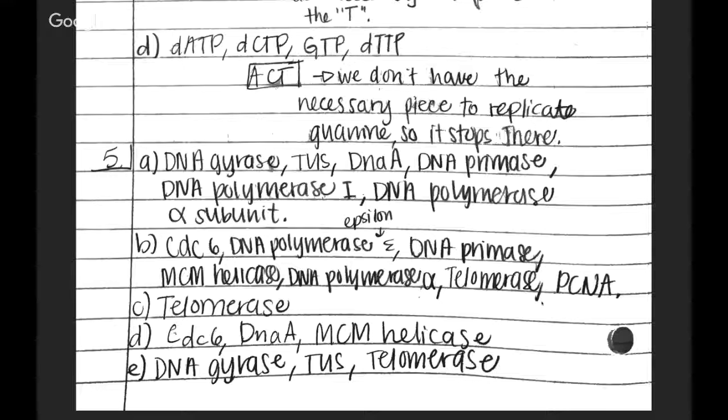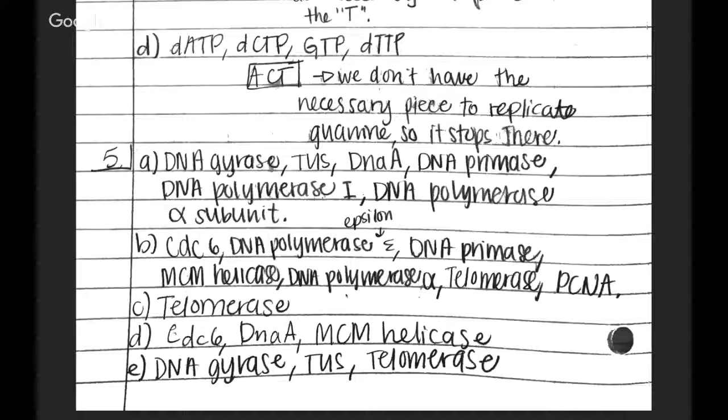For part C, which of the above proteins is involved in chromosome compaction? So here we are talking about termination. And there we have telomerase, and I think that might also be the TUS. For part D, which of the above proteins is involved in the initiation stage of DNA replication?